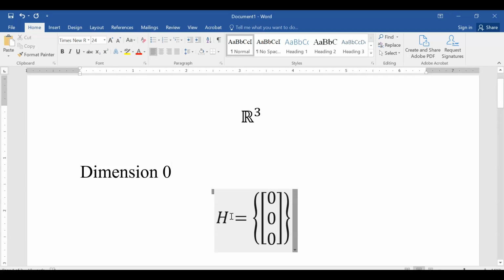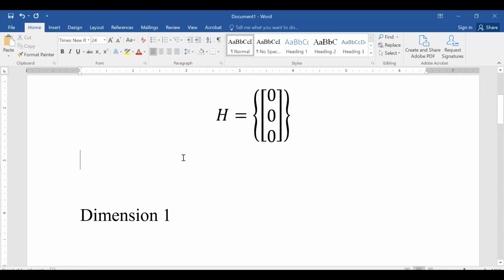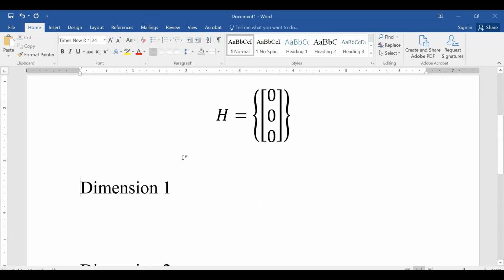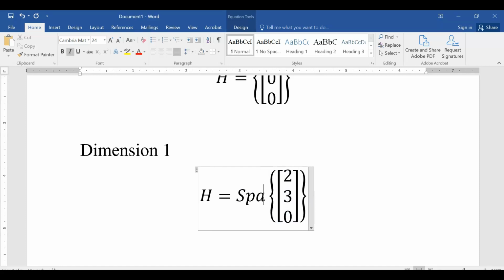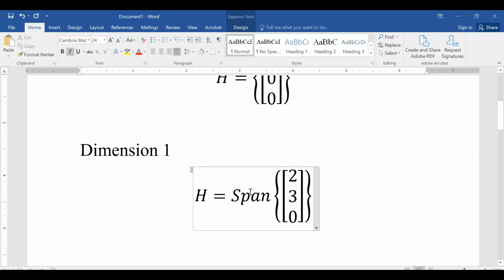Okay. Now, what about dimension 1? If I wanted to find a subspace of R3 that has dimension 1, then what I'm going to do is think basis. Let's create a vector. Doesn't actually matter what it is. So we're going to take one vector and we're going to say the span of that vector has dimension 1.